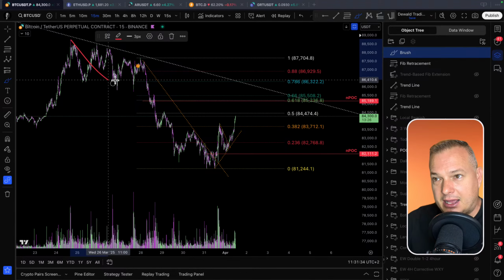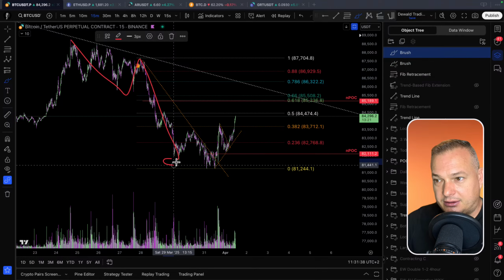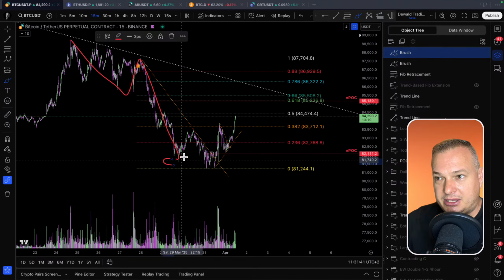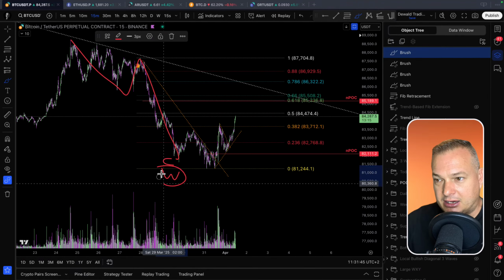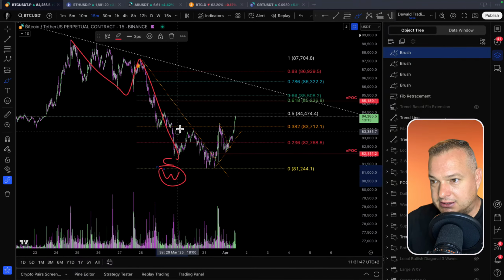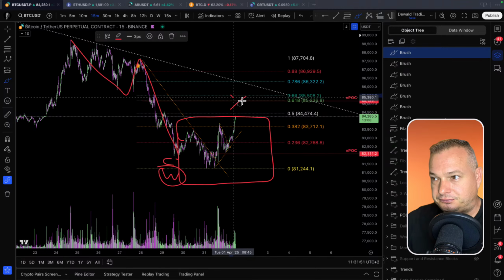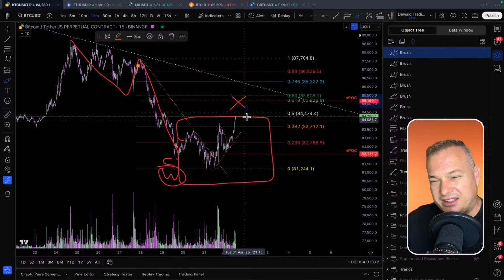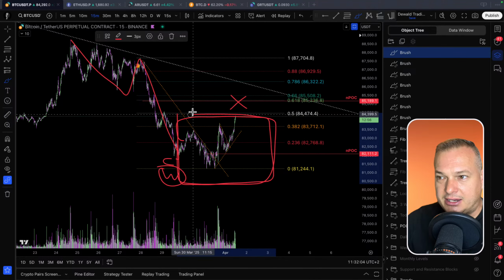What if this is an A, B, C that ended over here, which is now an ABC three-wave structure? It's a W because you have an ABC inside of a W. Now, all of this that's formed over here is an X wave. And this is where I think the X wave probability is starting to carry higher probability, because this is a very confusing corrective structure.